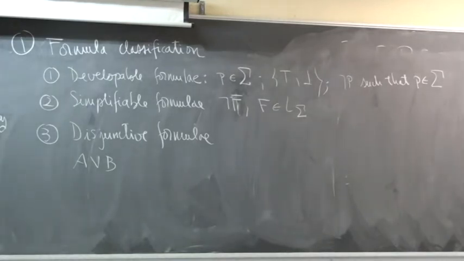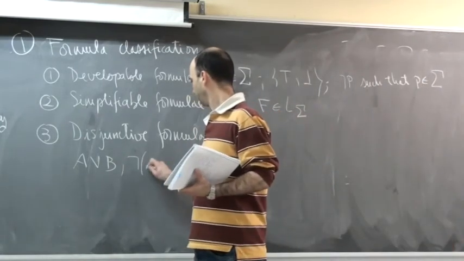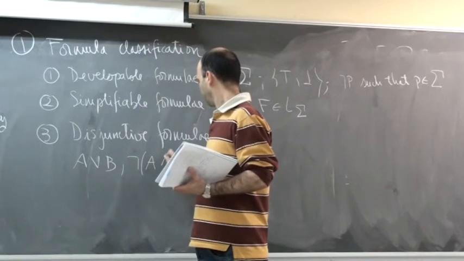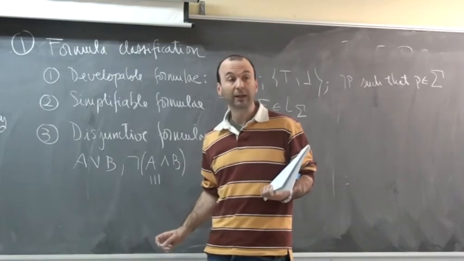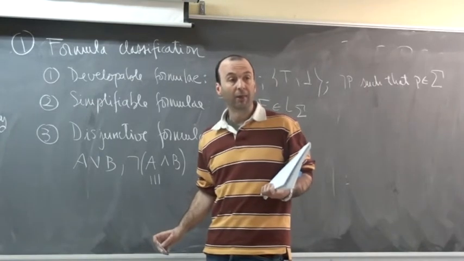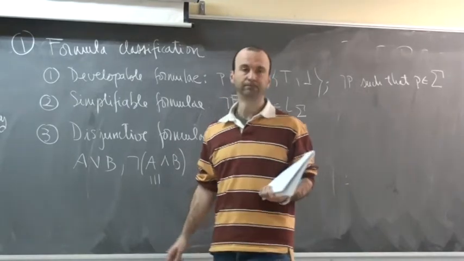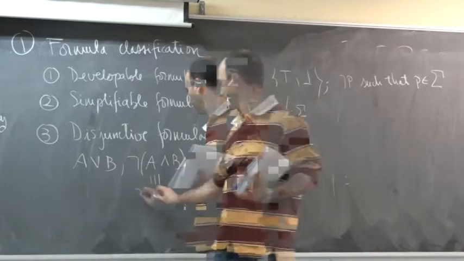Now you have to use the logical equivalences that I told you to study yesterday. That one is of this kind. Why? Because if I apply De Morgan's law, what I get is not A or.